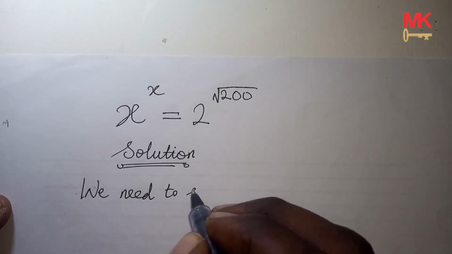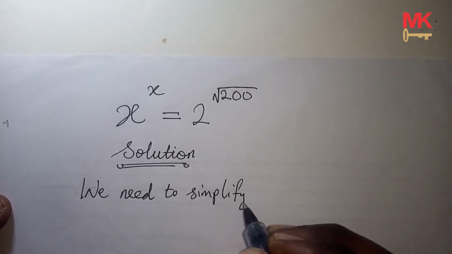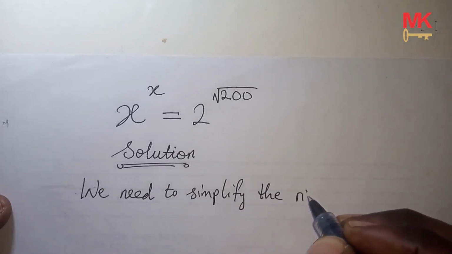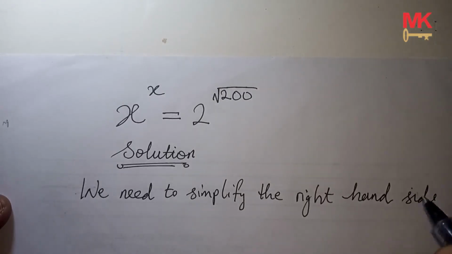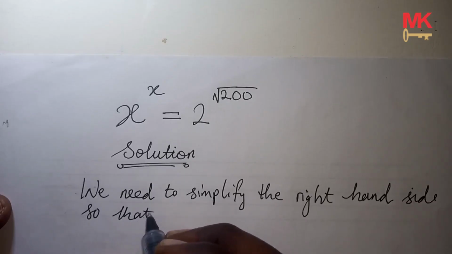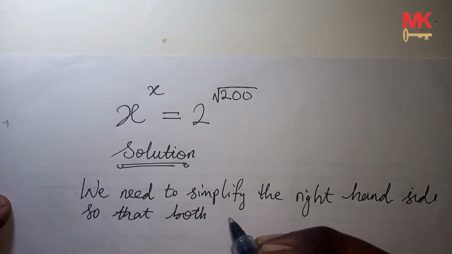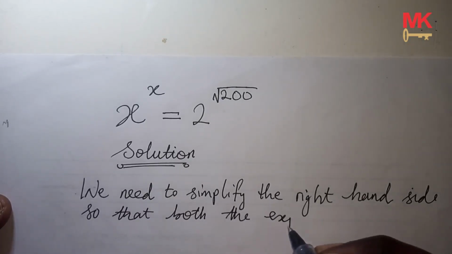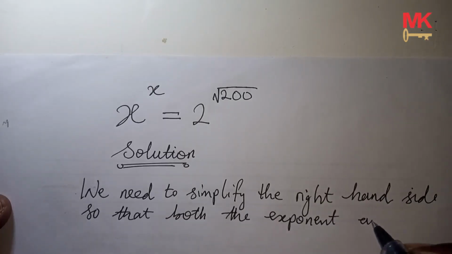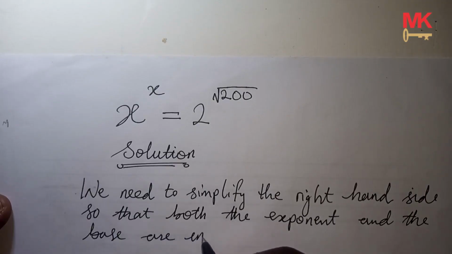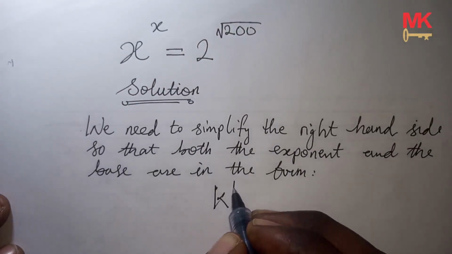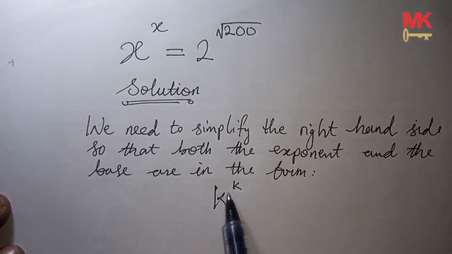We need to simplify the right-hand side so that both the exponent and the base are in the form k raised to power k. So the right-hand side will be simplified to be in the form k raised to power k.